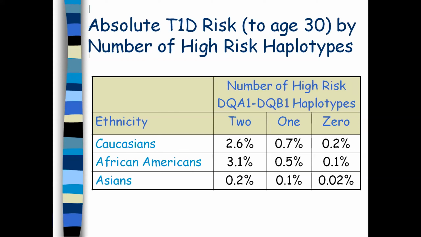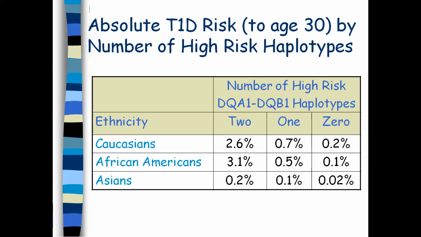So absolute risk of type 1 diabetes to the age of 30 by number of high risk haplotypes. So when we are talking about this number of high risk haplotypes associated with the genes, DQA1 and DQB1, ethnicity 2, 1 and 0.